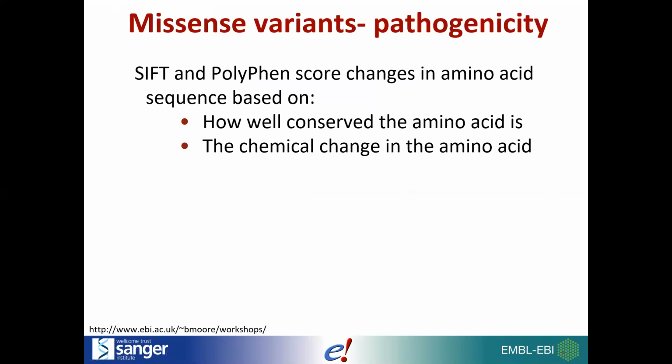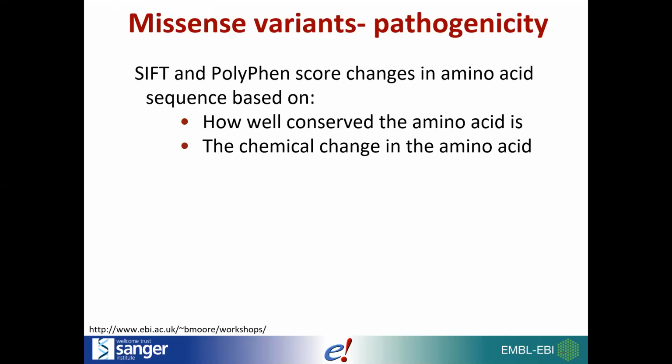But just a simple fact that if you are changing a tiny amino acid like glycine into a huge one like tryptophan, that is more likely to cause trouble in the protein structure because you can't fit the huge side chain in the same place.